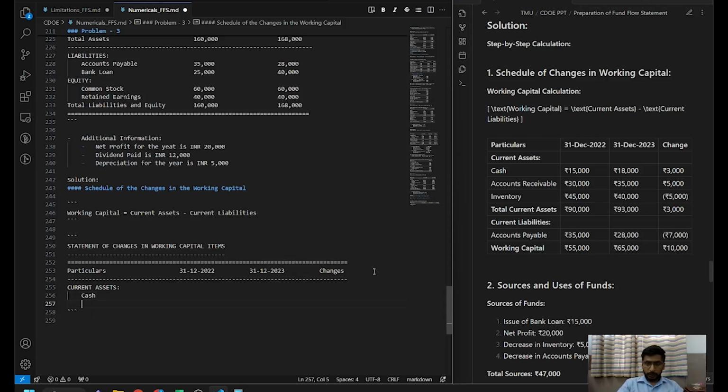First current asset will be the cash, then the accounts receivable, then the inventory, marking my total current assets.